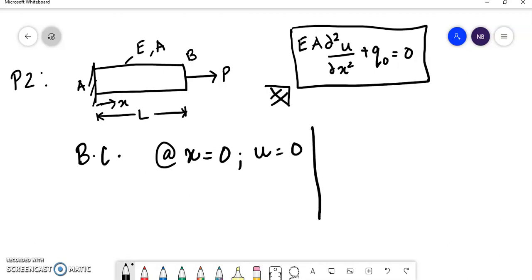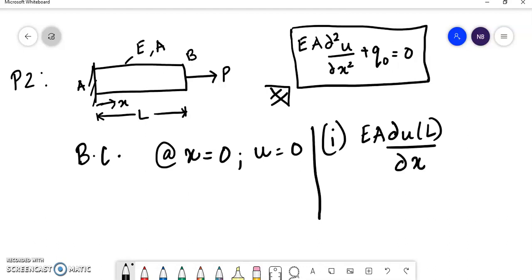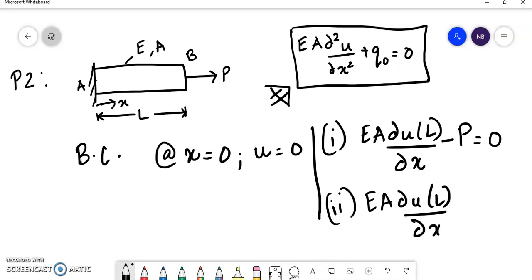In the derivations that I had shared with you before, there were two essential boundary conditions, right? The first boundary condition was EA ∂u at L upon ∂x minus P equals 0, and the second boundary condition was EA ∂u/∂x equals 0.